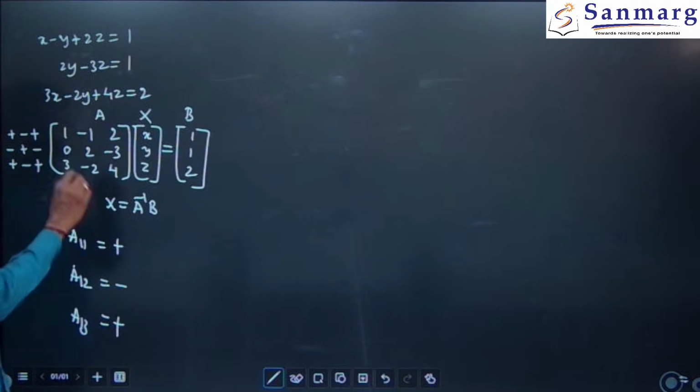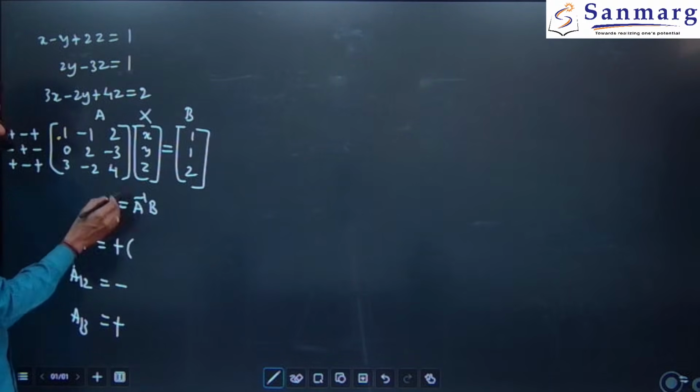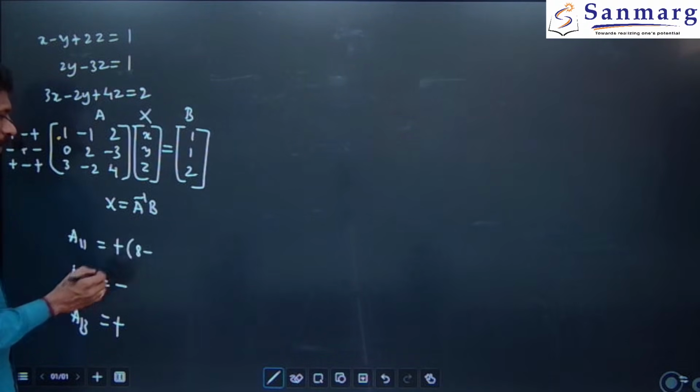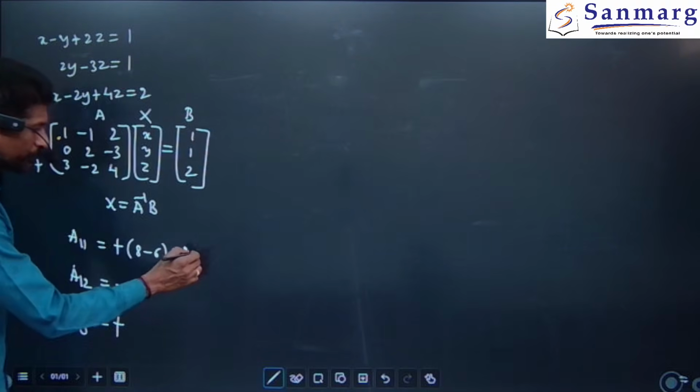So the first cofactor: first row, first column element cofactor is 2 4s are 8, minus 2 into minus 3 is plus 6, so 8 minus 6 becomes 2.